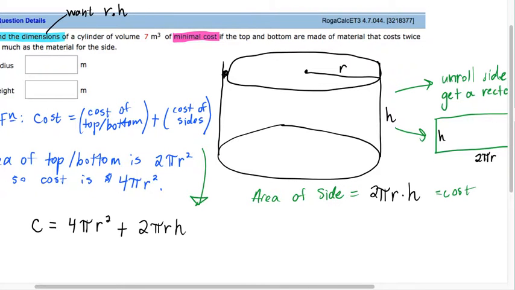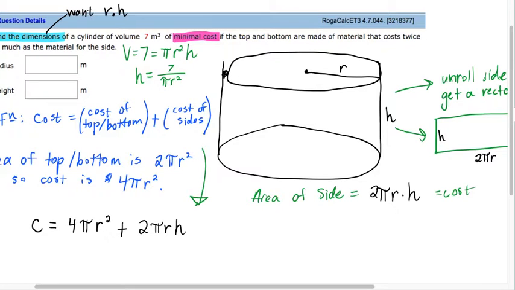So volume is 7. Volume of a cylinder is the area of the base times the height, for any cylinder. So volume is 7, area of the base is pi r squared, times the height. Let's solve that for h to get 7 over pi r squared.